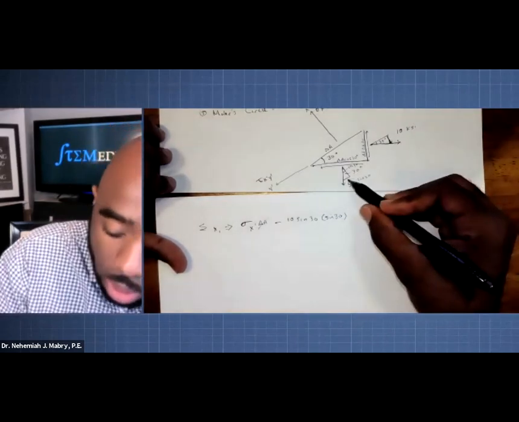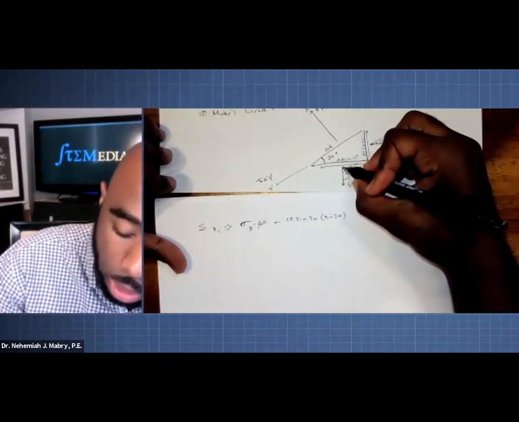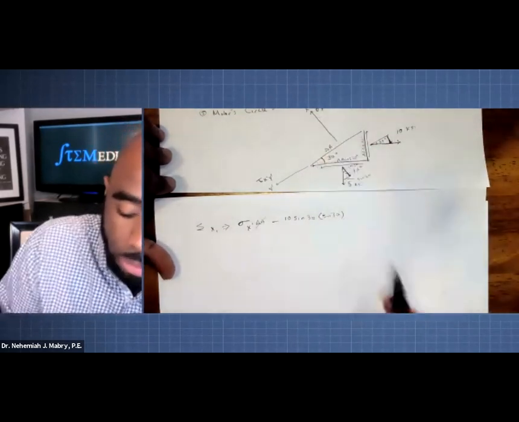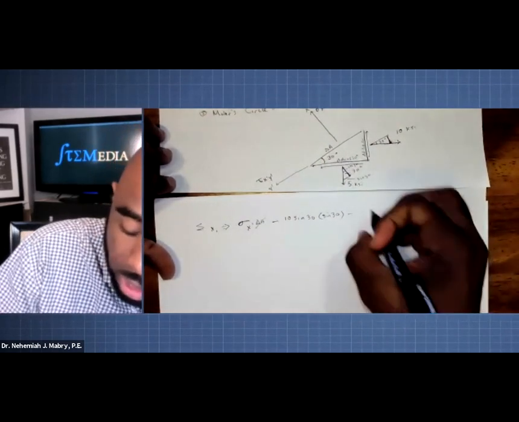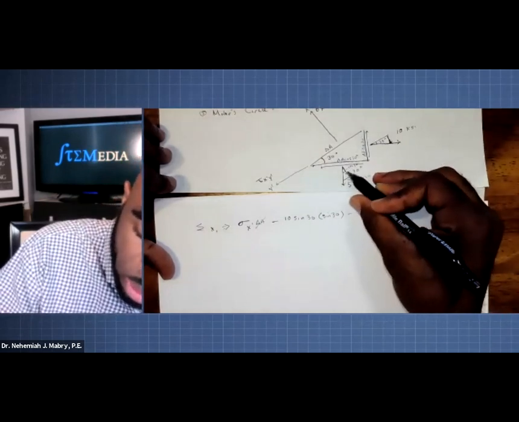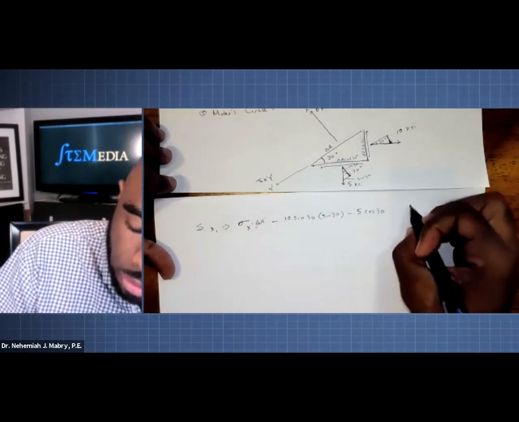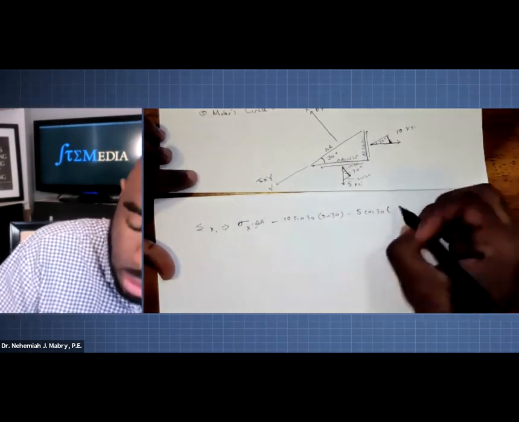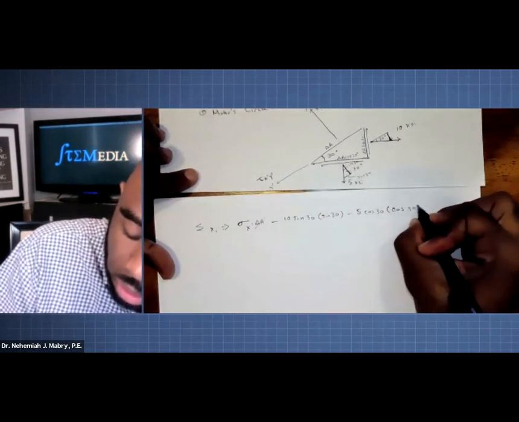And then I want to come around here and make sure I get all of my components. How do I write this 5 KSI in line with this X prime direction? Well, I see it's also going to be creating a negative. So I'll say minus 5 cosine of 30 times this face that it's on, which is also cosine of 30.